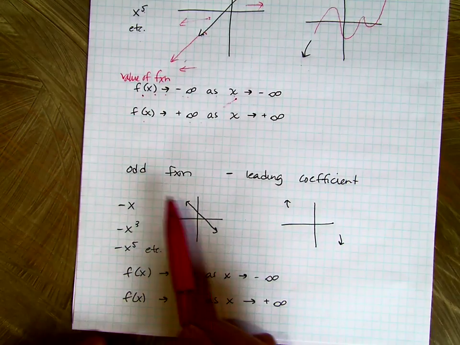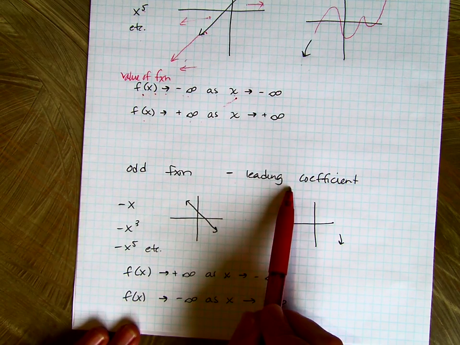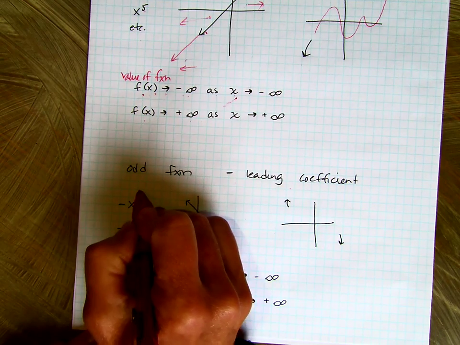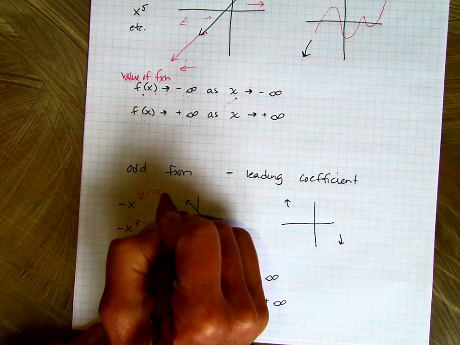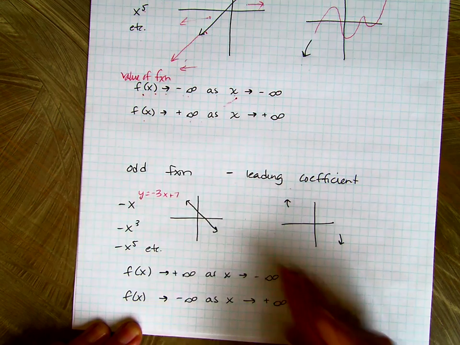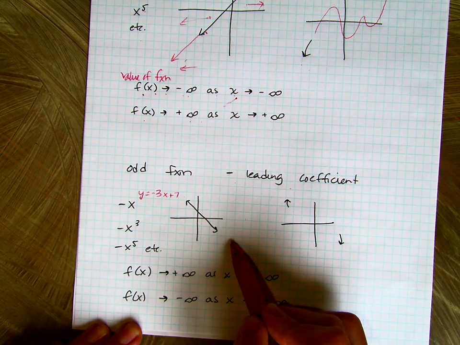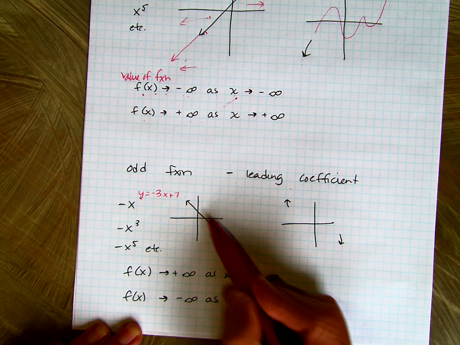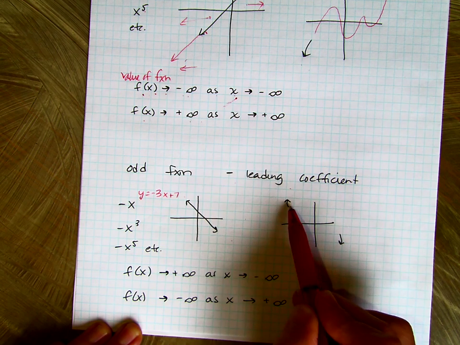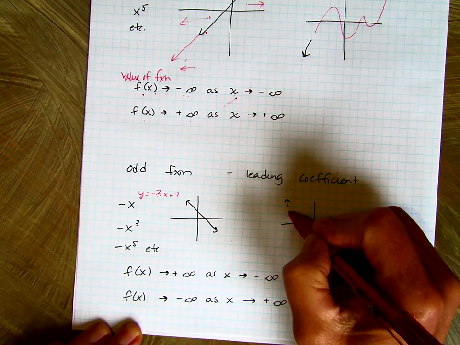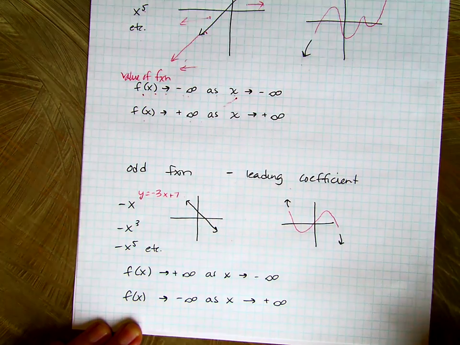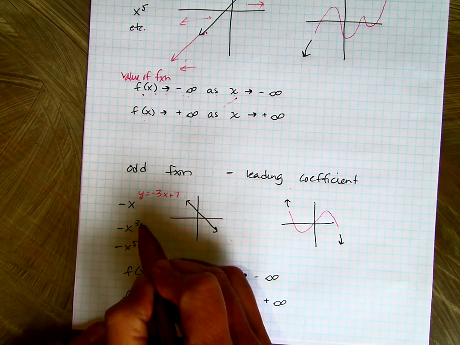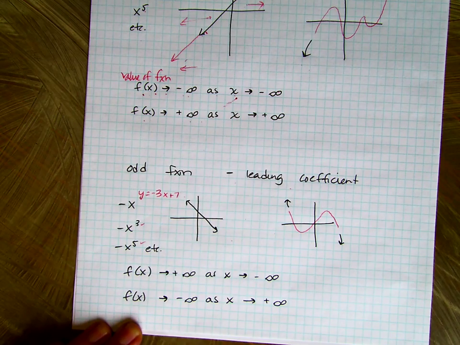Now what about an odd function with a negative leading coefficient? Again, if I asked you, what does negative 3x plus 7 look like? Well, that's going to go down to the right and up to the left. And again, how many squiggles I have in here depends on the degree of the function.